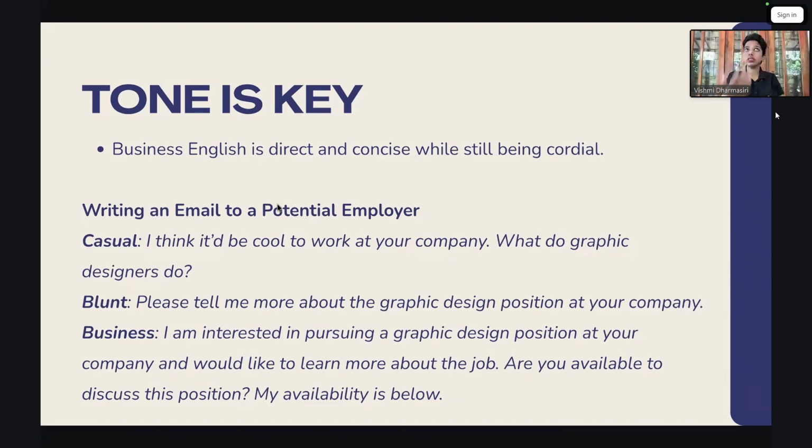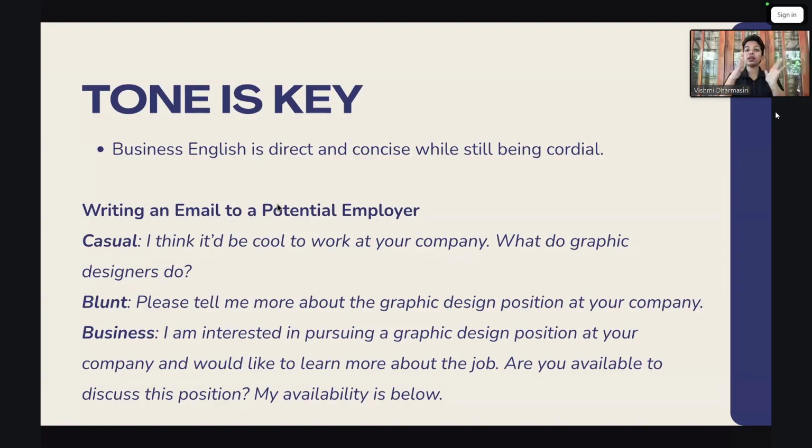You are also telling them that you are available at these times, which means they won't have to send you another email trying to confirm your availability. And in the same email you are asking them what their availability is. So that is what is called being concise.